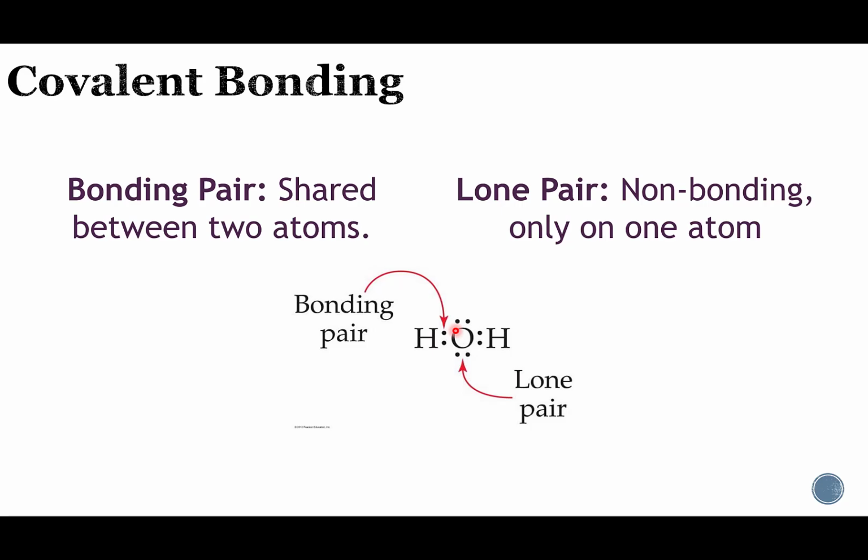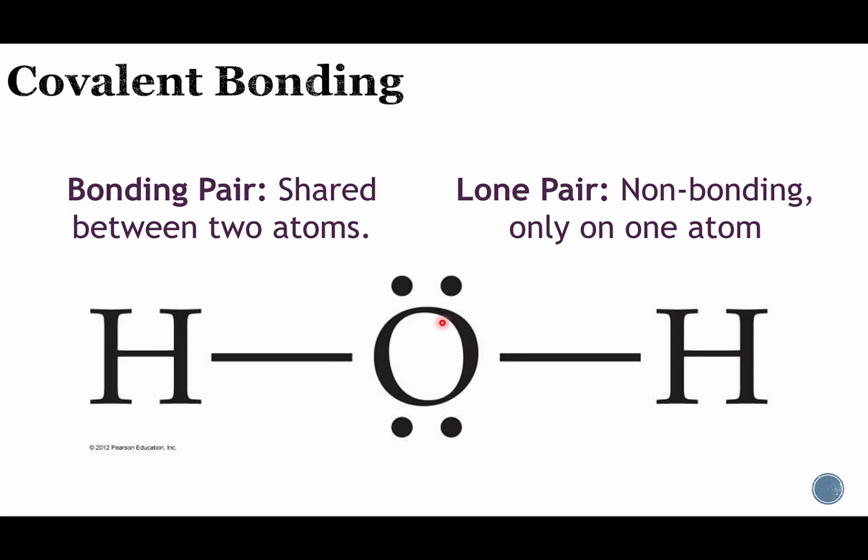The last thing I want to talk about on this slide is this idea of a bonding pair. So quite often, bonding pairs are not depicted as dots between 2 atoms. Quite often, bonding pairs are depicted as straight lines. So if I were to label this, that line right there is also a bonding pair.